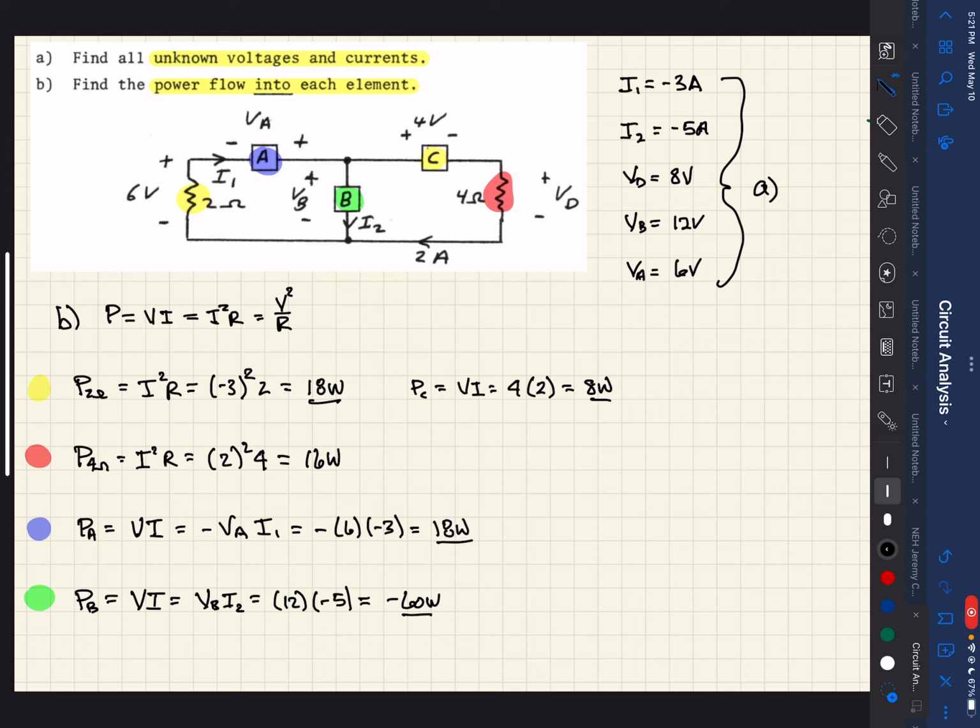One quick thing we can do as a check to make sure this checks out is we've got to conserve energy. So if we add up all of our power, it should equal 0.